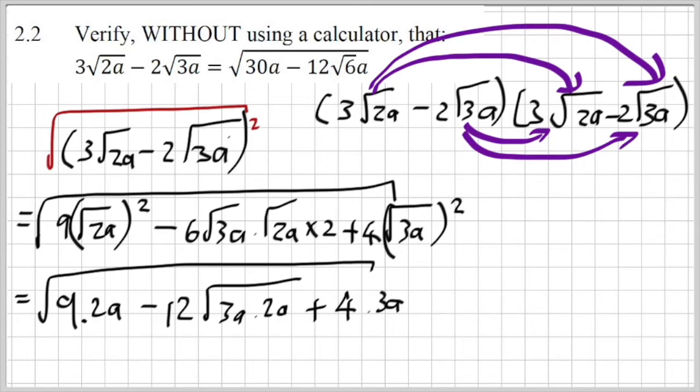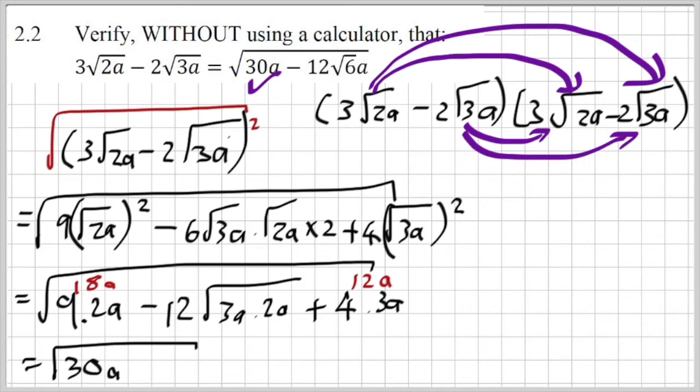And therefore my last little term is just going to be 4 times 3a. Now 9 times 2a is 18a, and 4 times 3a is 12a. So what is 18a plus 12a? Oh my goodness, that's 30a. Yes! So that is my first term under my square root.